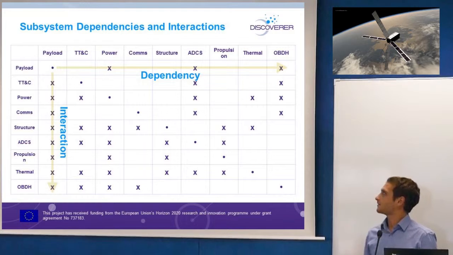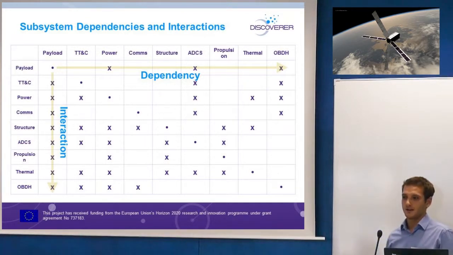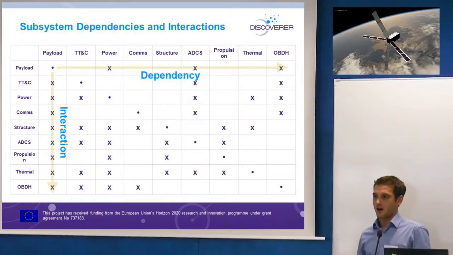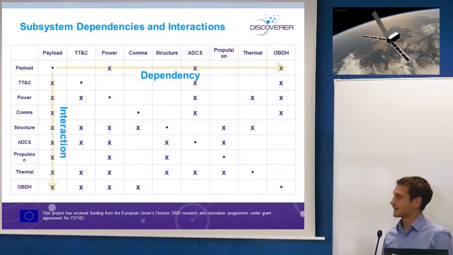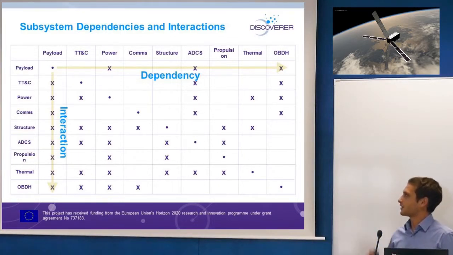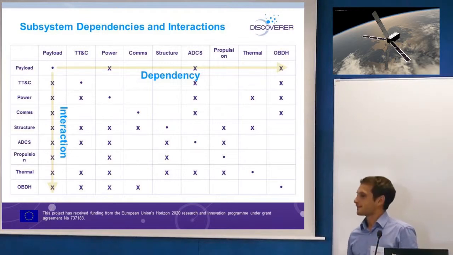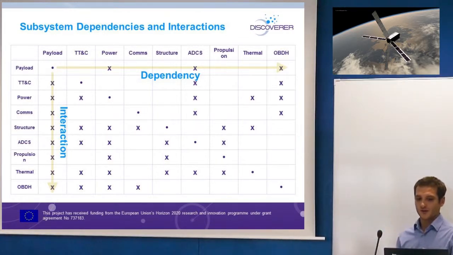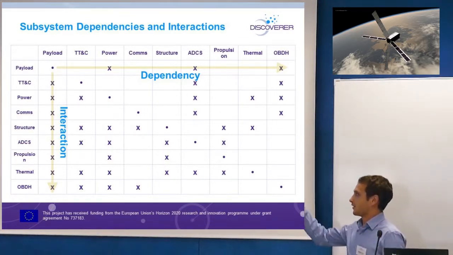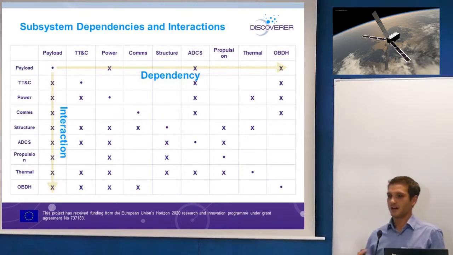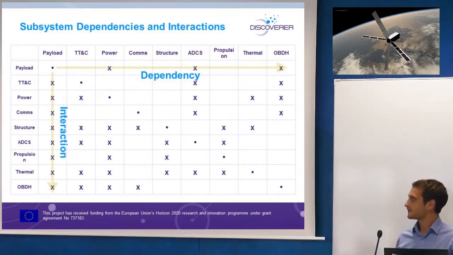So in this case, we might have dependencies going across the top. So for example, our payload might be dependent on the power that we have available on the platform, on the attitude determination and control system, and on the onboard data handling system. But then we also know that our payload will interact with all of our other subsystems as it will drive the design of the spacecraft.